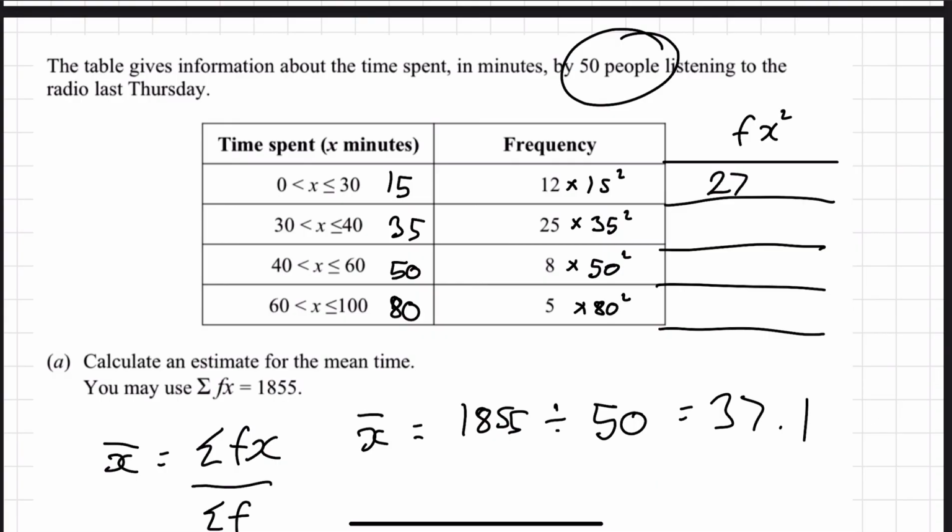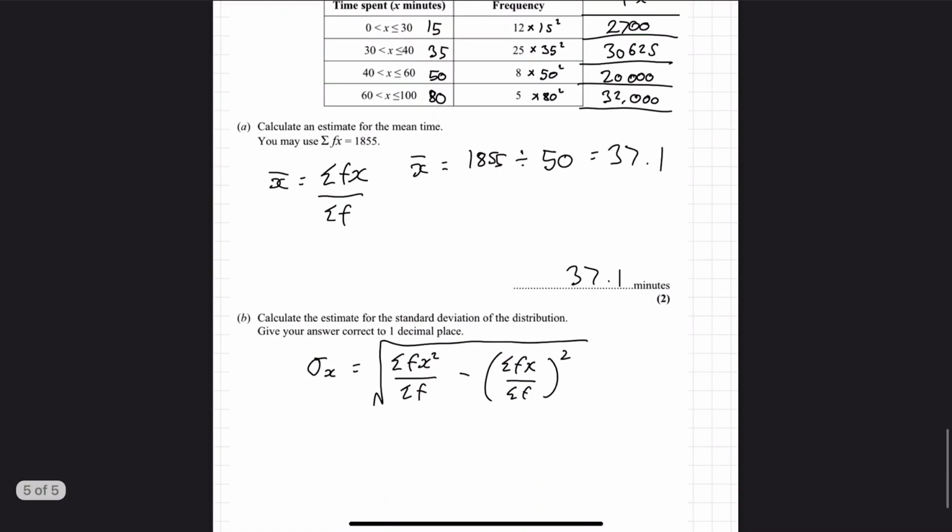So that's 2,700. 25 times 35 squared is 30,625. 8 times 50 squared is 20,000. And 5 times 80 squared is 32,000.